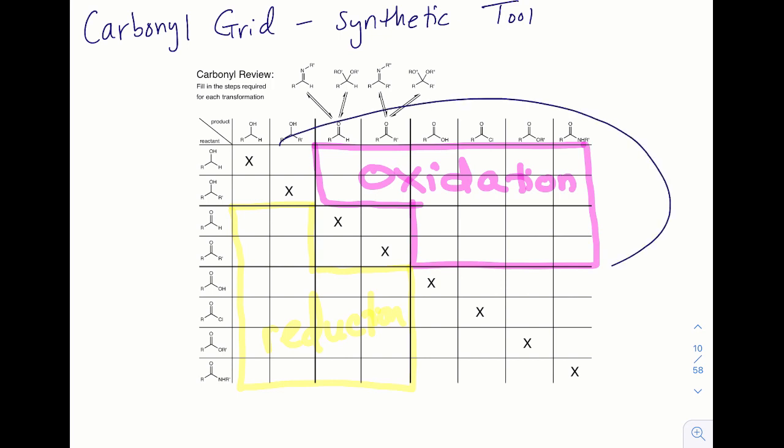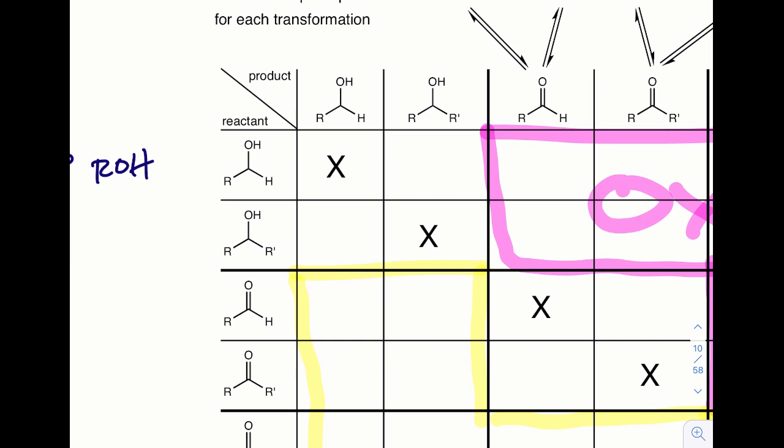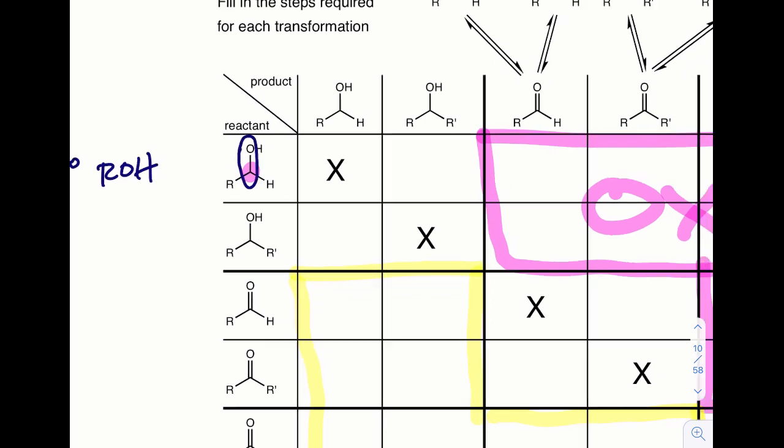The squares in the pink area of the grid represent oxidation transformations. For example, a primary alcohol has one bond between the carbonyl carbon, which is the carbon we care about the most, and oxygen.